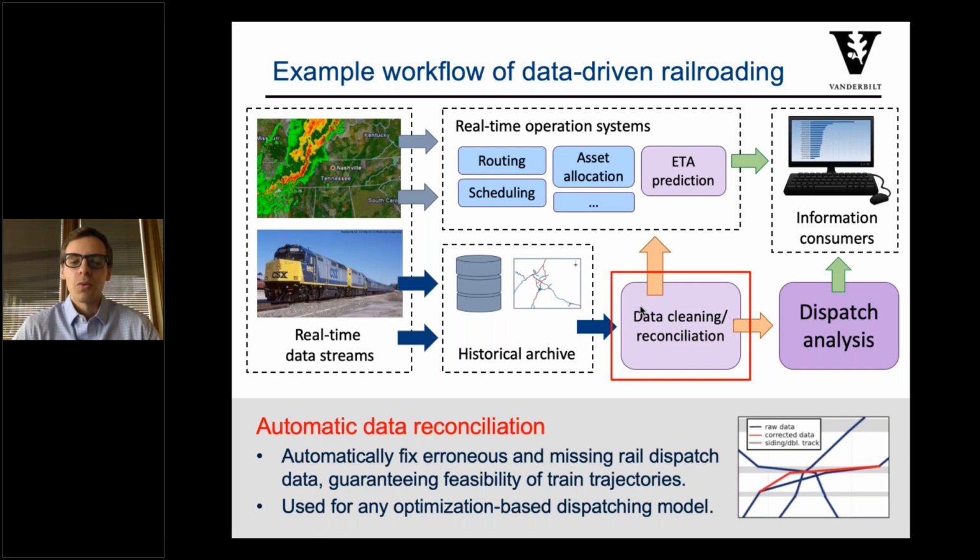Because of that, we use as the backbone an optimization-based dispatching model. This is the same model that railroads use internally for planning activities, where we might try to get all trains to their destination as quickly as possible, which is an optimization problem. But importantly, it obeys the rules of the railroad and the physics of not running trains into each other.